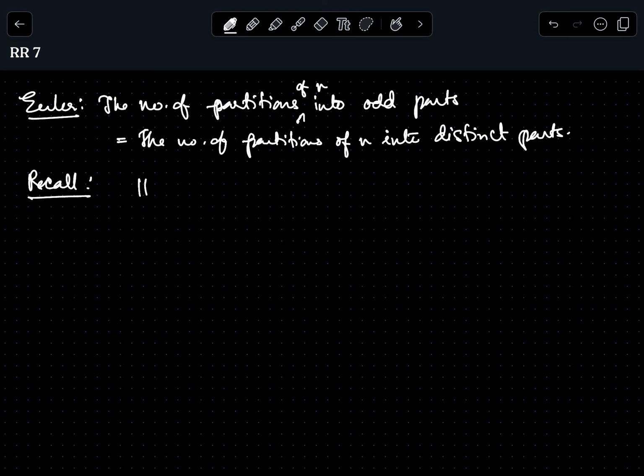So let's start with the generating function for partitions into distinct parts, which is this product of 1 plus q to the i. And what we do is we multiply and divide by 1 minus q to the i. In the numerator we'd get 1 minus q to the 2i, and in the denominator we'll get 1 minus q to the i.